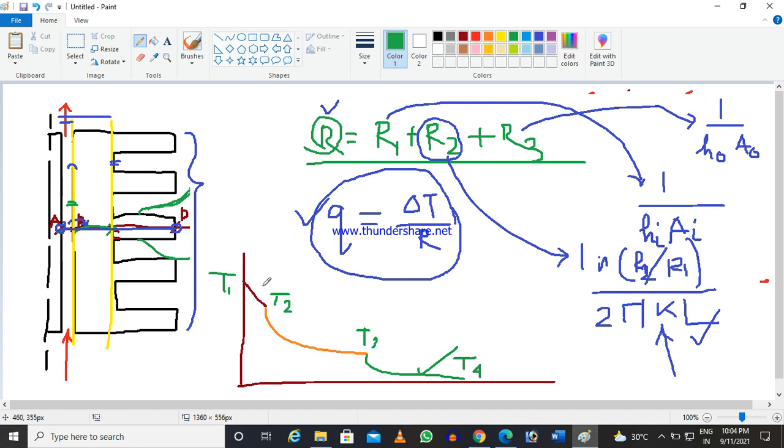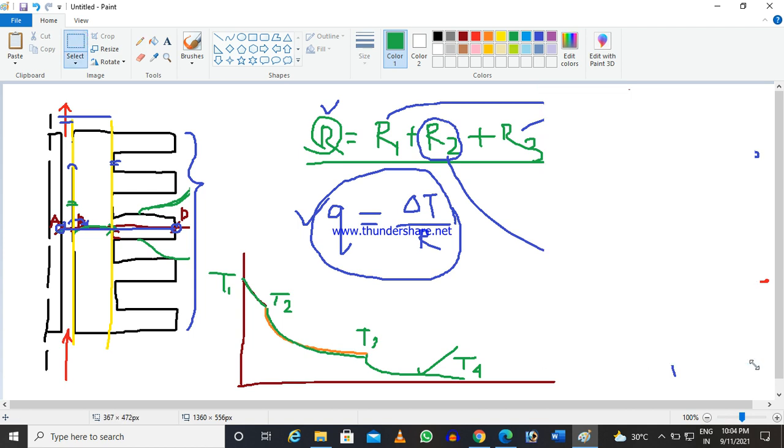So from this analysis you will get every segment delta T. Now as I told, in this area the heat transfer is due to conduction, so the resistance is offered by conduction, which is R2.